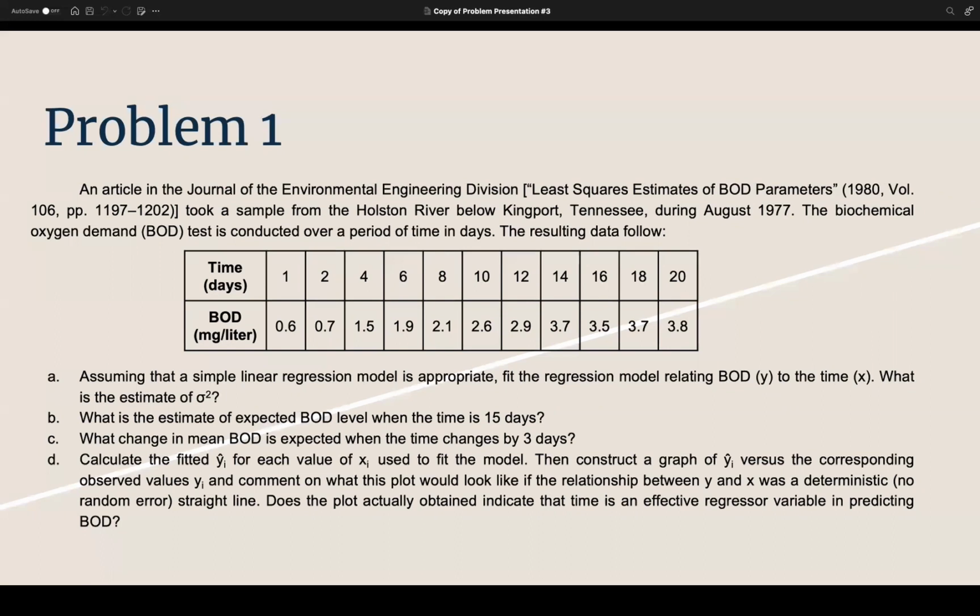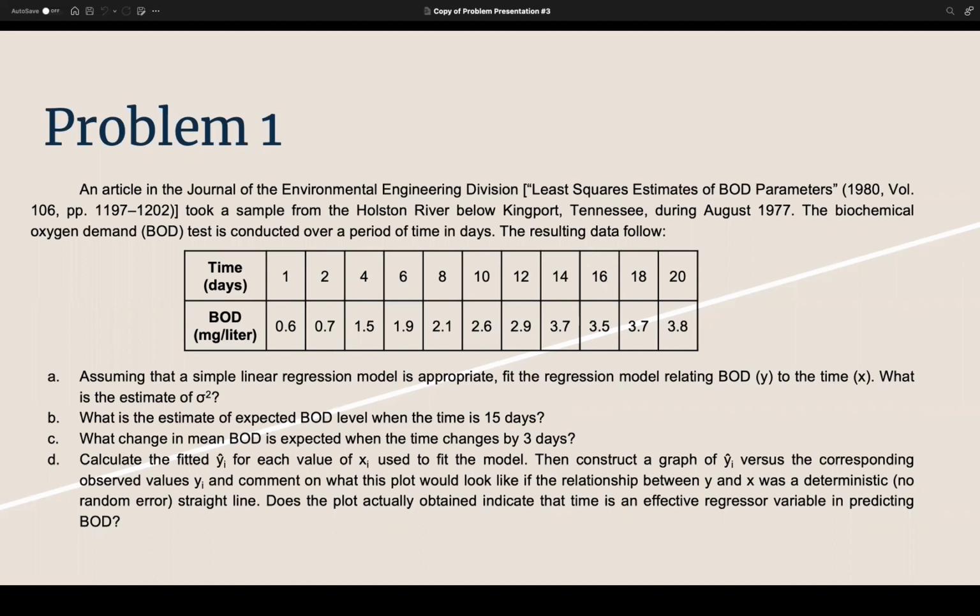Assuming that a simple linear regression model is appropriate, fit the regression model relating BOD, y, to the time x. What is the estimate of the variance? What is the estimate of the expected BOD level when the time is 15 days? What change in mean BOD is expected when the time changes by 3 days?